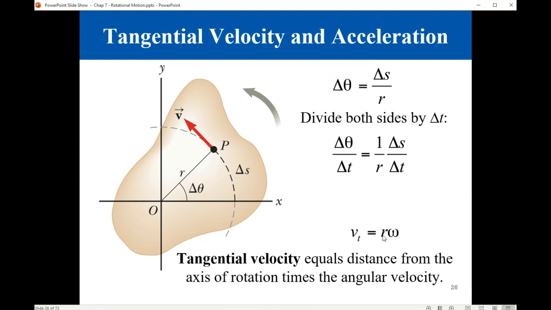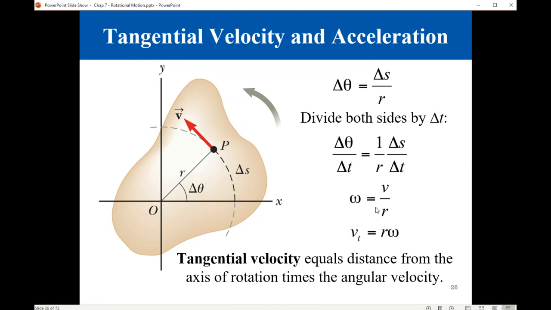Therefore, the tangential velocity will be different for different points depending on how far they are from the axis of rotation, while the angular velocity will be the same for all points on the rigid object.